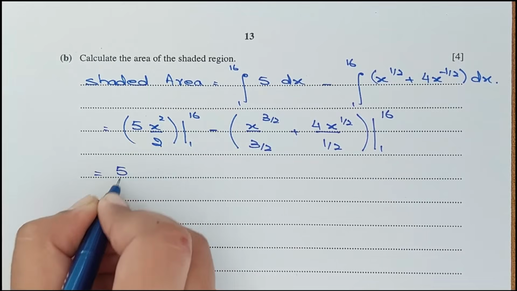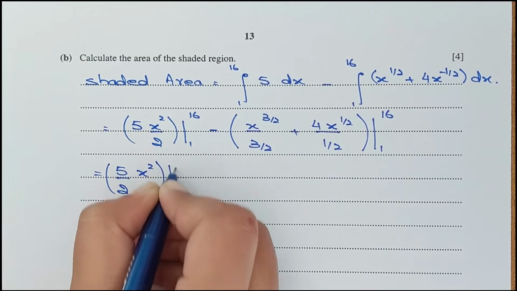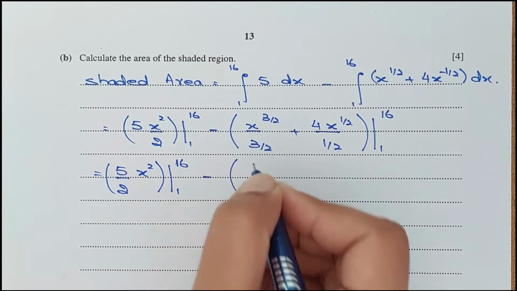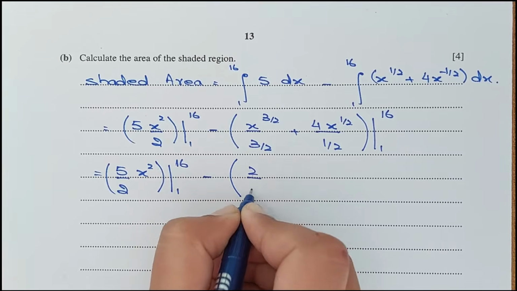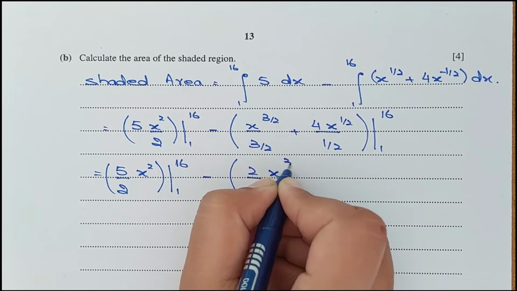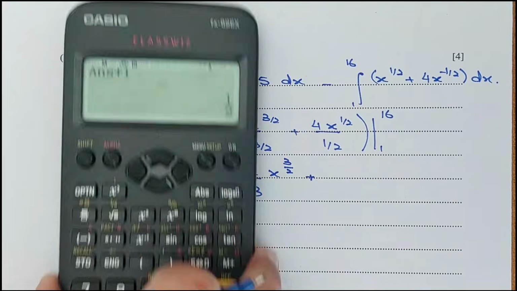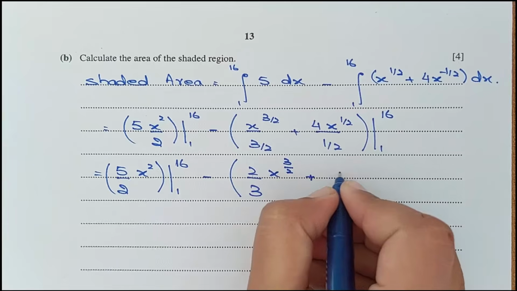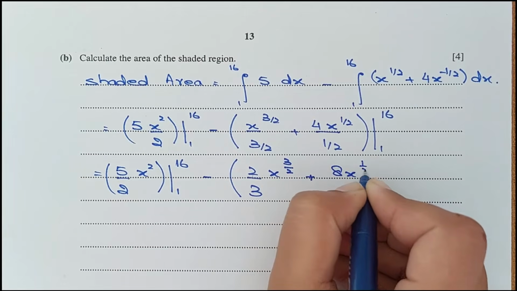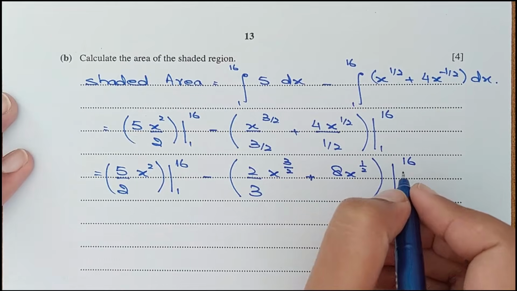So we have 5 by 2 x square, 1 to 16, minus, this is 3 by 2 changes to 2 by 3, 2 by 3 x power 3 by 2 plus 4 divided by 1 by 2, which is 8, x power 1 by 2, 1 to 16, right? Now let me substitute the limits.